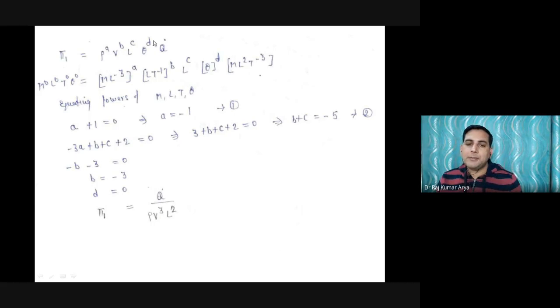I have chosen these 4 as the repeating variables, rho, v, l and theta, and now I want to club them with my first parameter, which was q dot, which is not chosen as a repeating variable. So I am clubbing that with them, and I am putting each of them to some power a, b, c, d, so that the total thing becomes a dimensionless group.